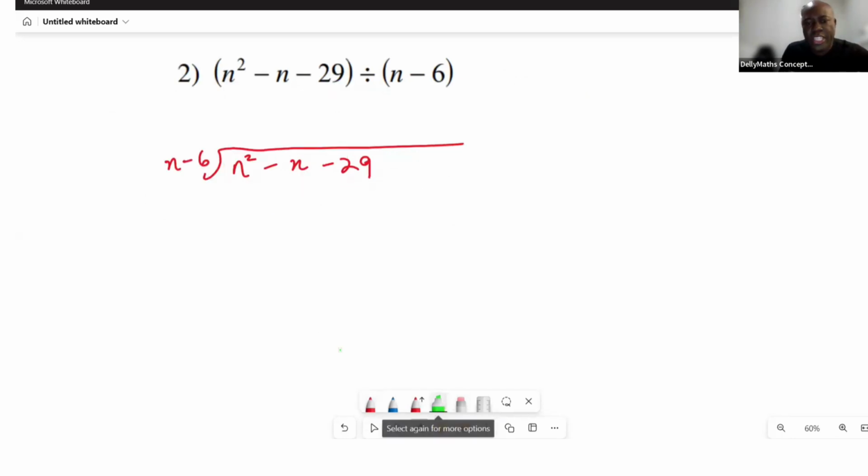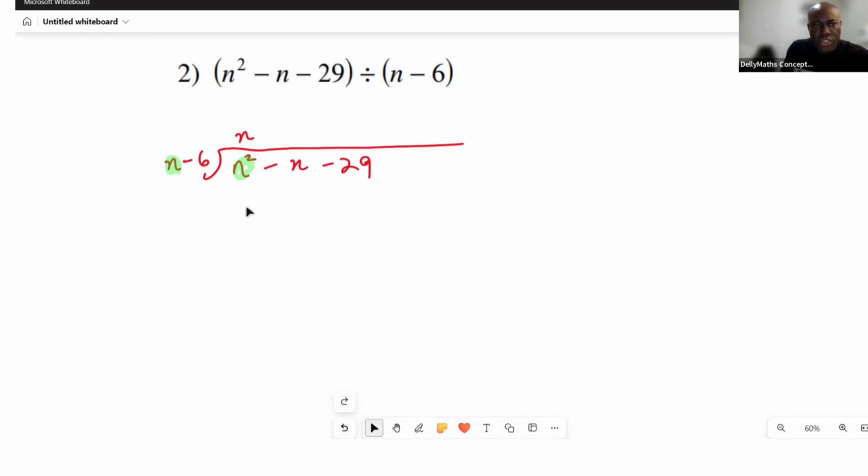So the procedure remains the same where we're going to use n here, and we're going to divide it into the n. So we're not going to be using the numbers to divide. We will be dividing through by the variable n. So let's take our first shot. N into n to the second, we're left with n. Then we're going to use this to multiply here.